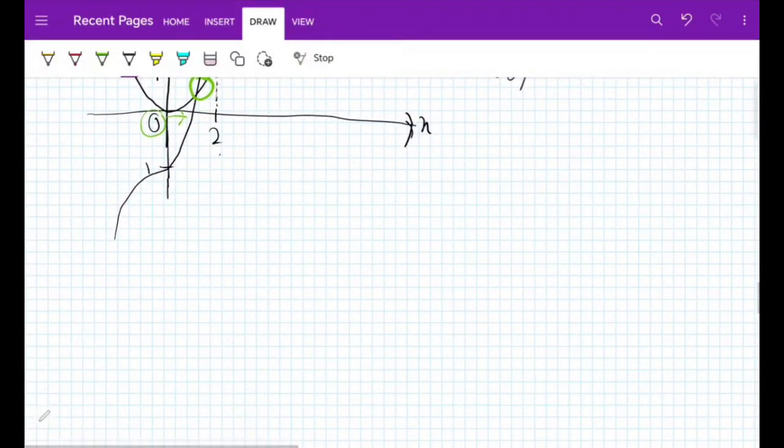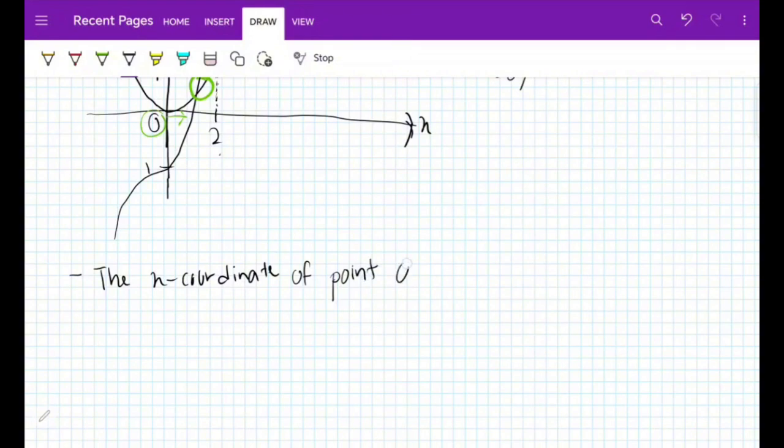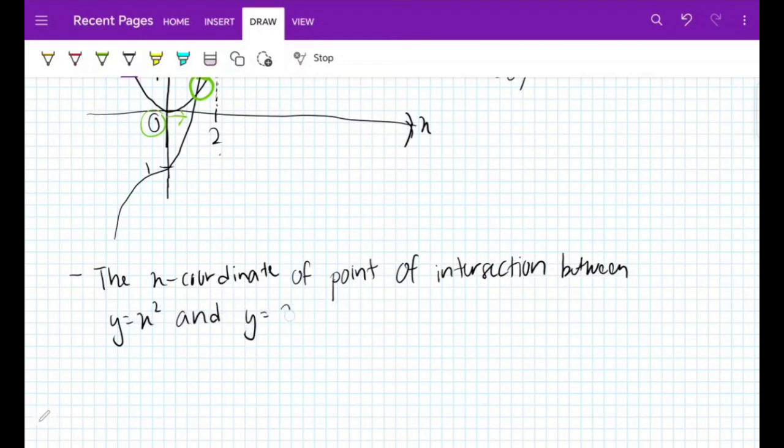The conclusion will be like this: the x coordinates of intersection between, now we state both of those separated functions, y equals x squared and y equals x cubed minus 1, lie between x equals 0 and x equals 2.